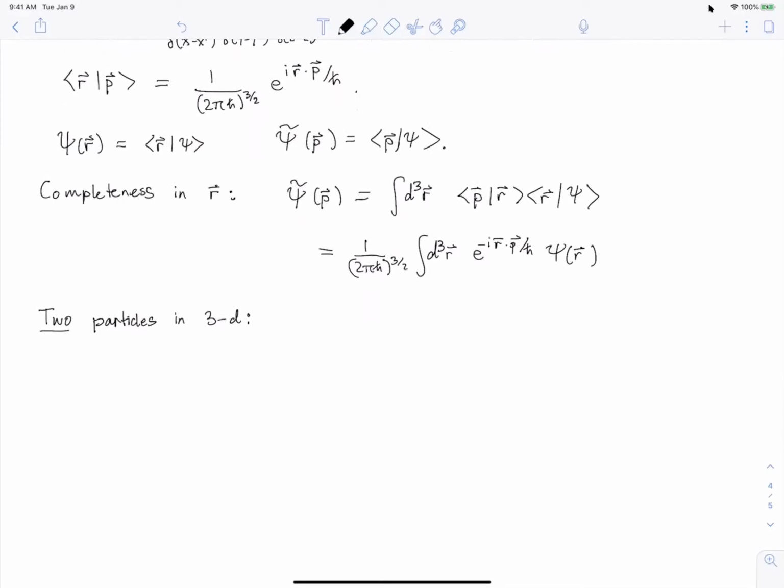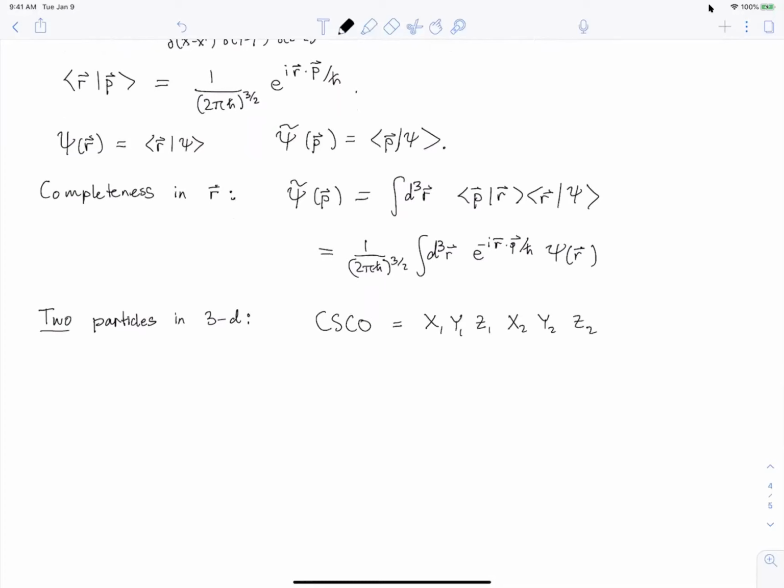We're going to just make these states that are eigenstates of a complete set of commuting observables. So first we write down the complete set of commuting observables, which is going to be x1, y1, and z1 for the first particle, and x2, y2, and z2 for the second particle. Physically, that tells you exactly where the particle is.